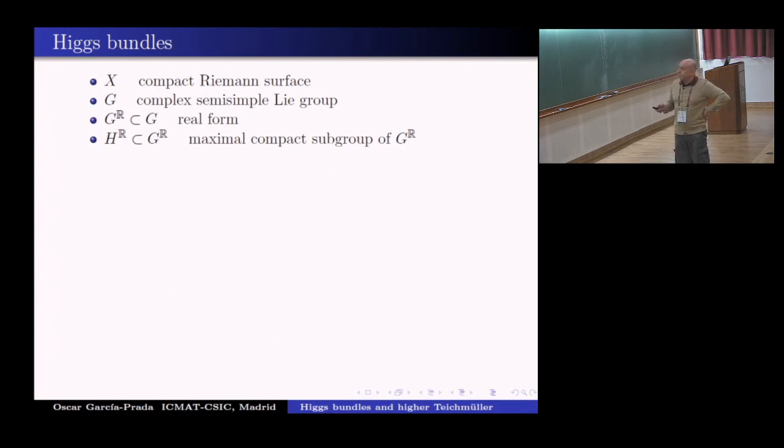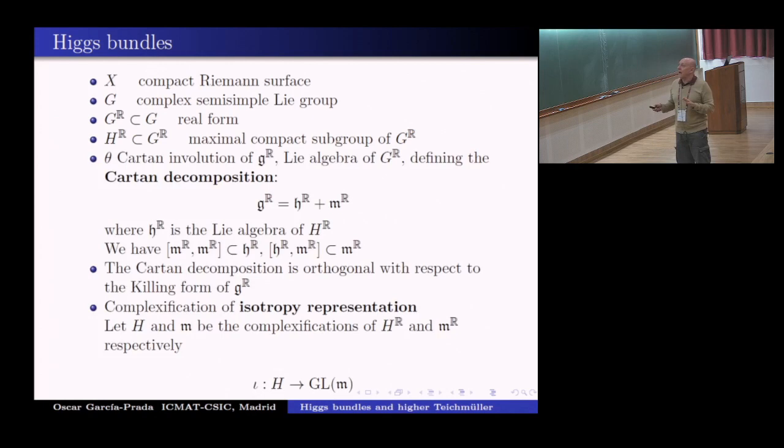So I fix G and I take a real form, and then I fix a maximal compact subgroup of GR, which I call HR. And once I do this, I have a whole package of things. I have what is called a Cartan involution or Cartan decomposition of the Lie algebra of this real group GR that we are fixing.